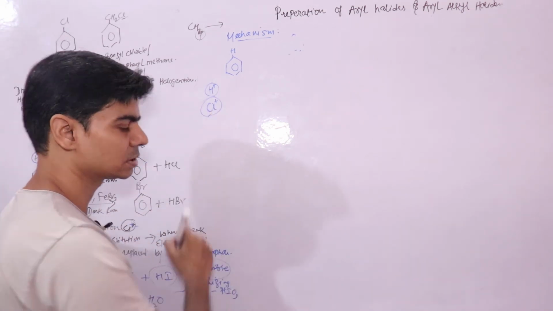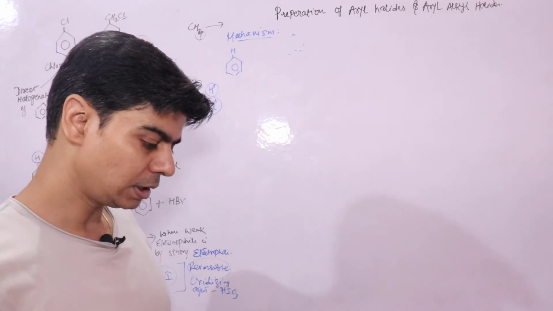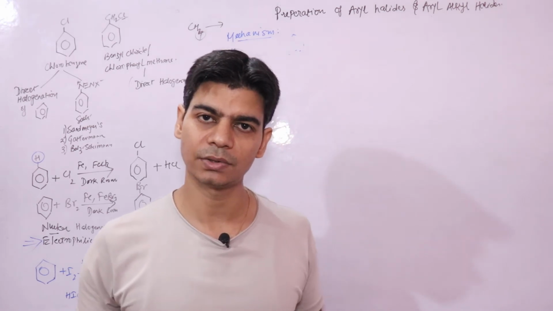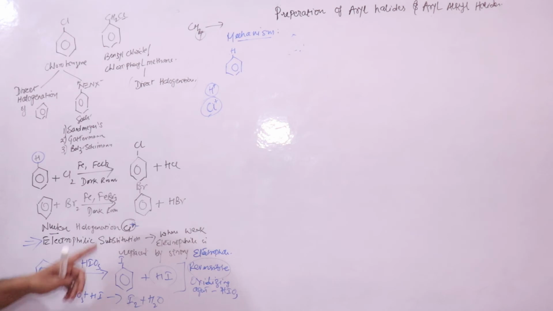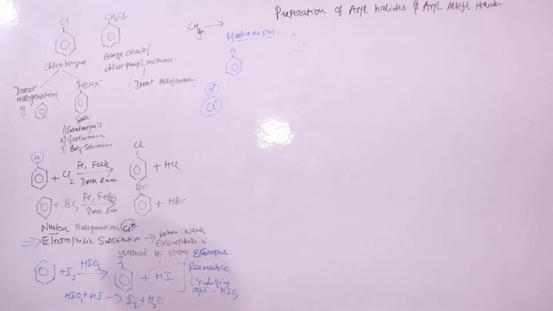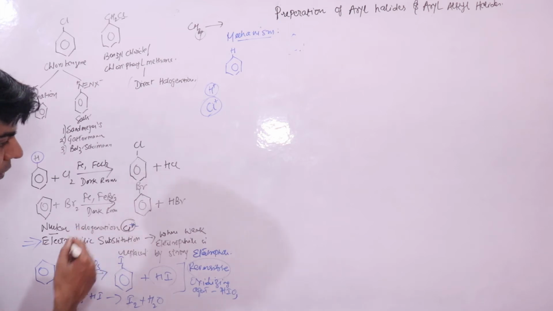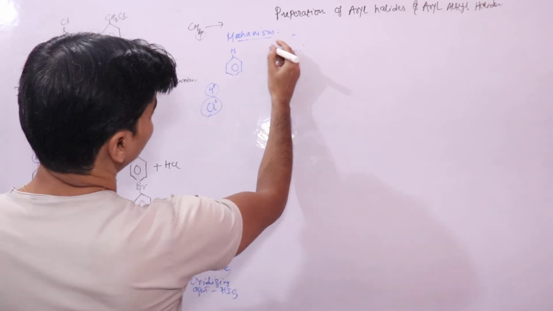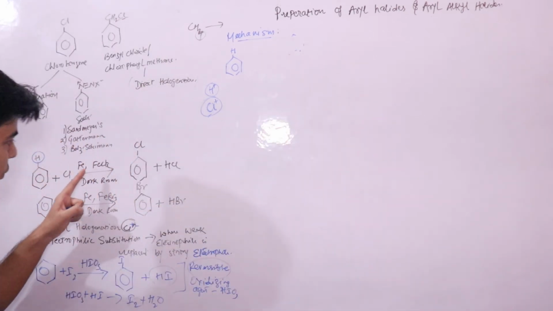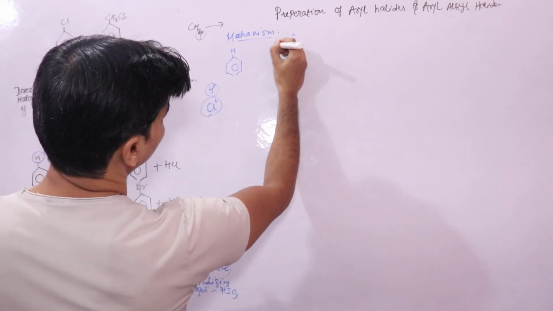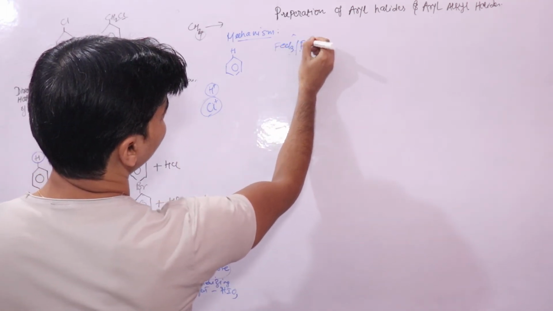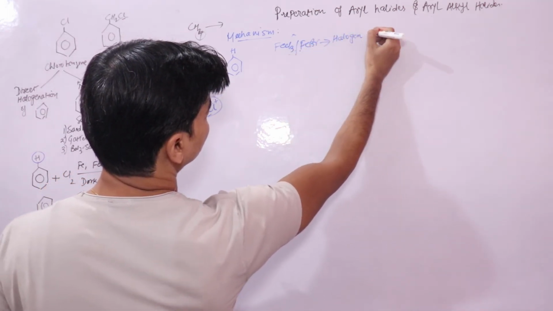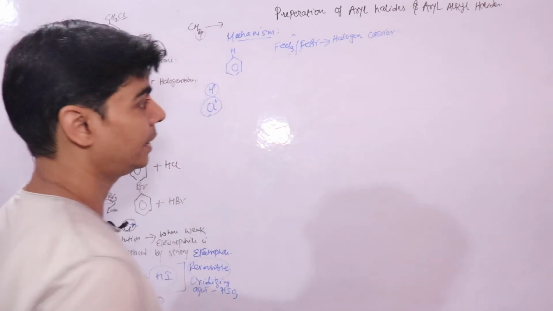So let's see how this is generated in the mechanism. We will see how the chloronium ion or bromonium ion, which is an electrophile, is generated, and what is the role of ferric bromide or ferric chloride, right? This ferric chloride and ferric bromide, FeCl3 or FeBr3, are basically called halogen carriers.